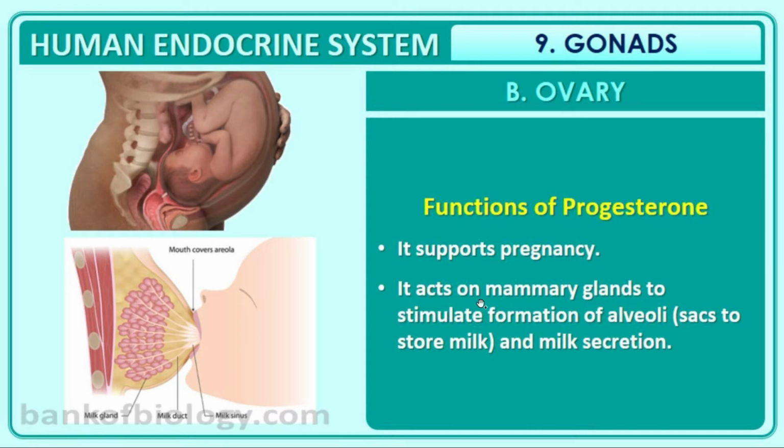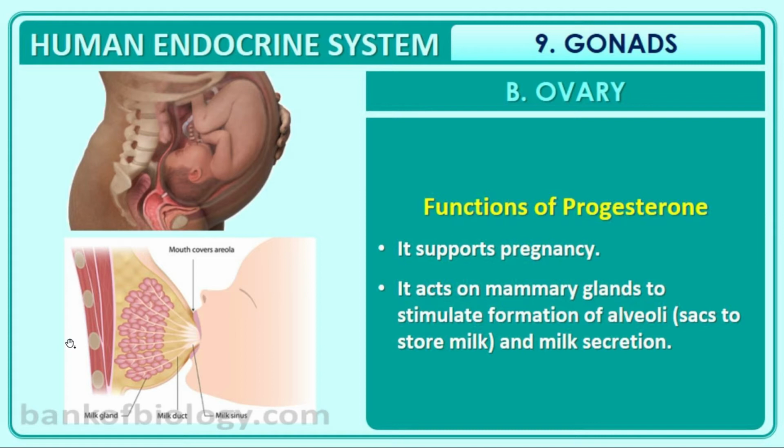And it acts on mammary glands to stimulate formation of alveoli. Here the alveoli produce milk. So, what are the functions of progesterone? Support pregnancy and produce milk after the delivery. It acts on mammary glands to stimulate the formation of alveolar sacs to store milk and for milk secretion.